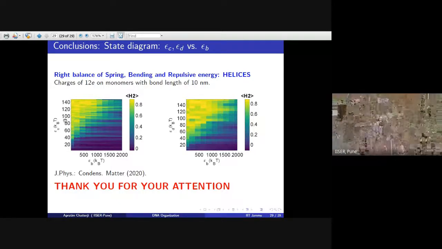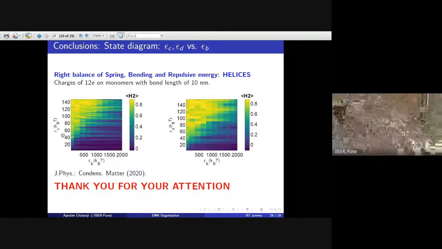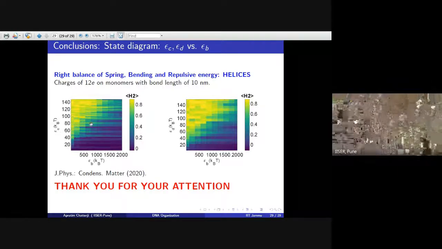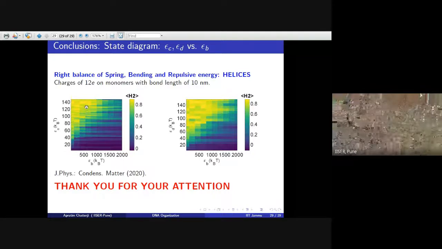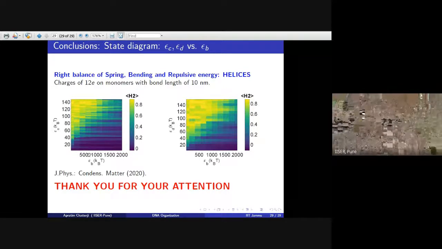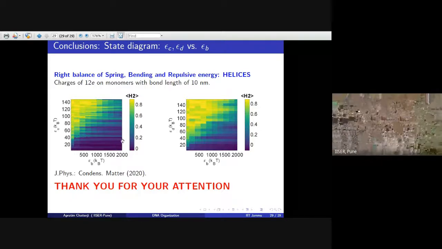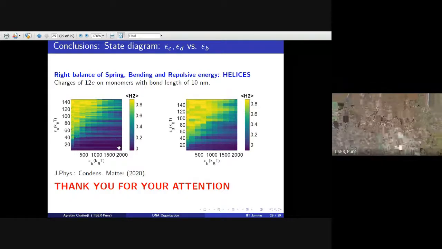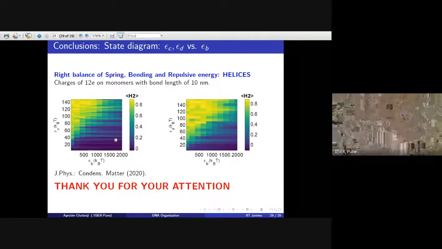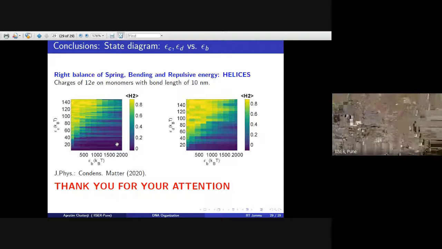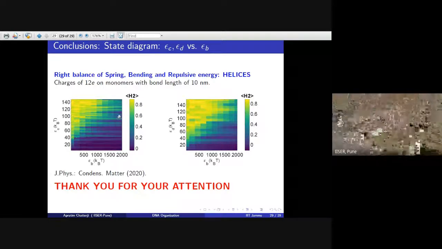But if you ramp up the values of the Coulomb energy, then you start getting helices even for higher values of the bending energies. But of course, if you go to very high bending energies, so that a polymer wants to be absolutely straight, LPs of 2000, say, then again you don't get helices.